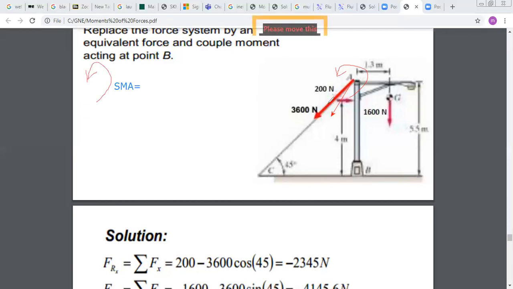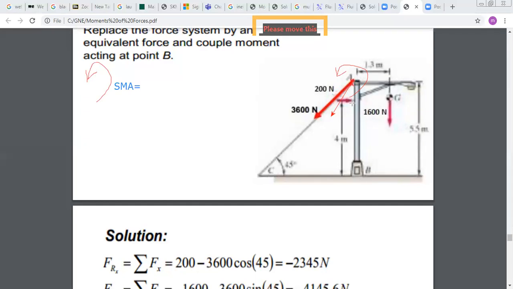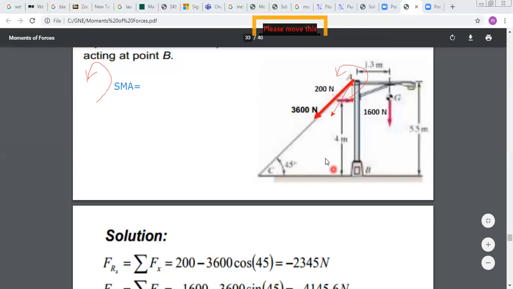I have the 200 Newton force is trying to rotate about A in the counterclockwise direction. So it's producing a positive moment. It's equal to plus 200 times this distance here, the distance from A to the force, which is equal to 5.5 minus 4 equal to 1.5. Okay? And you have the distance for the second force, which is 1,600. The couple is in the clockwise direction. So it's negative.